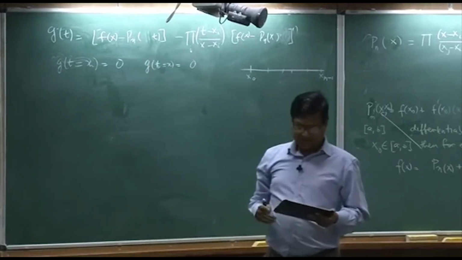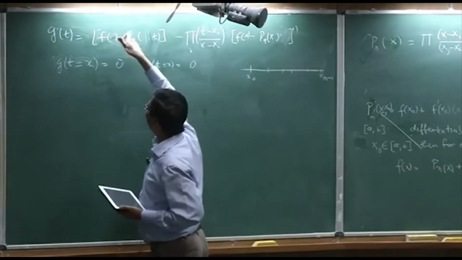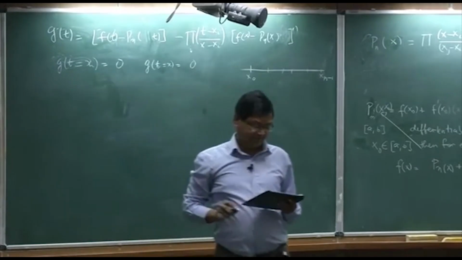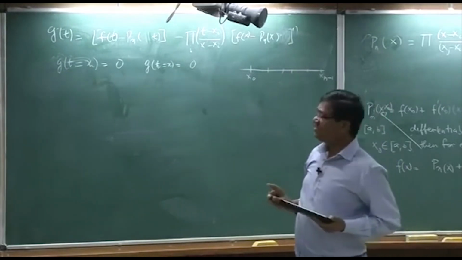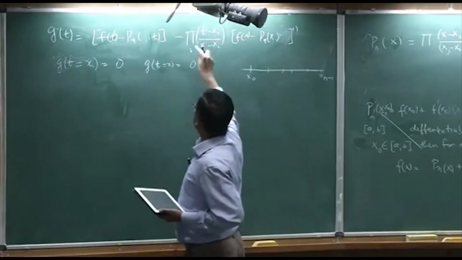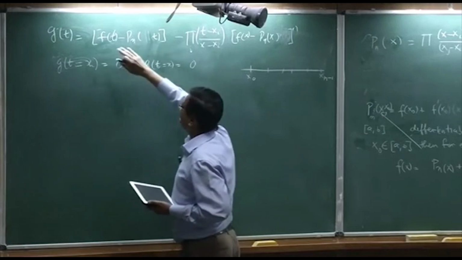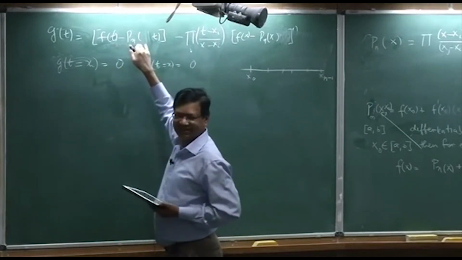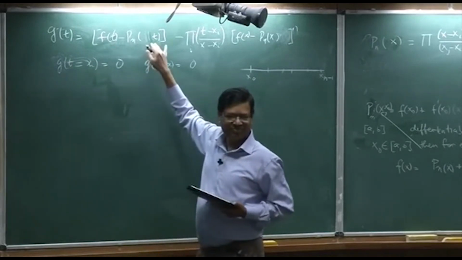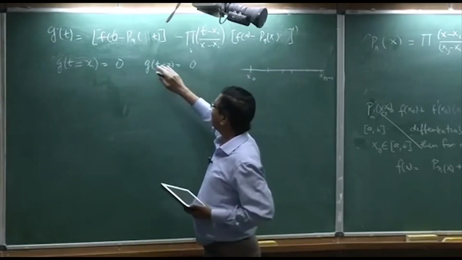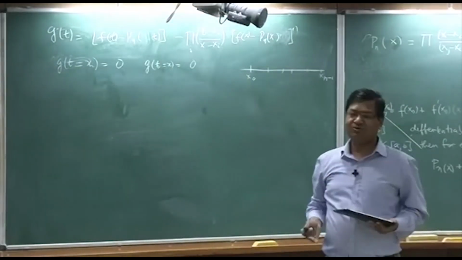So it is 0 at all these points. Sorry, that was a mistake. Okay, is it clear? So at xi's this is 0 and this equal to that. At those points the value of the function equals the value of the polynomial, and at t equal to x this matches with that. Okay. So there are n plus 1 points where my g of t is 0.